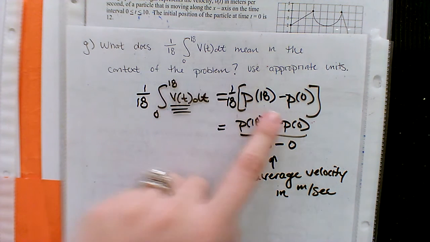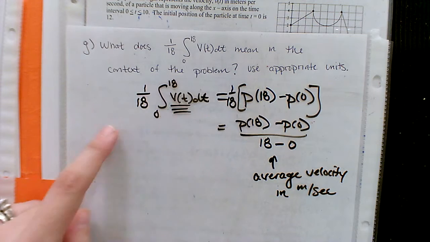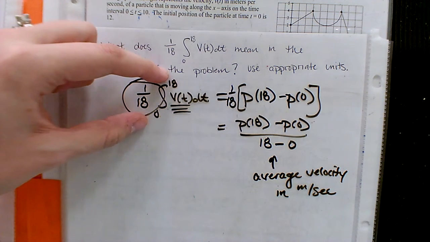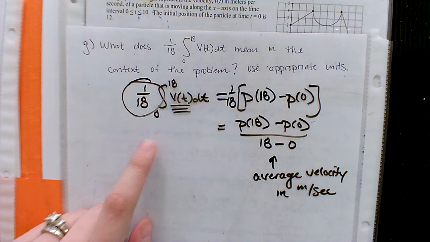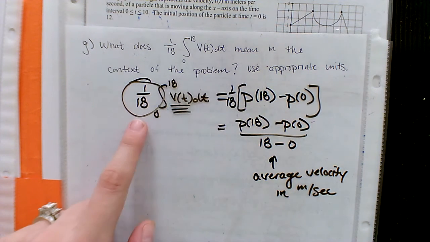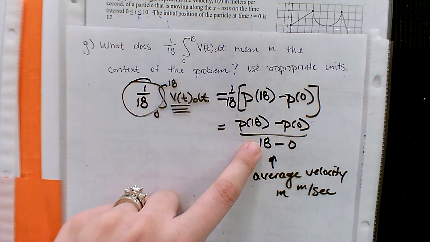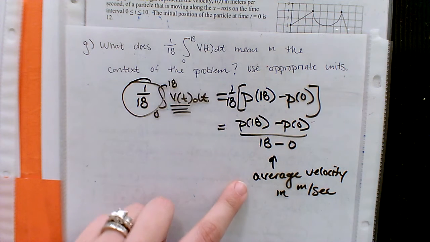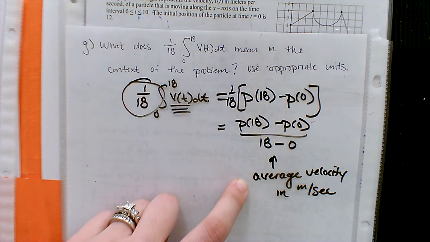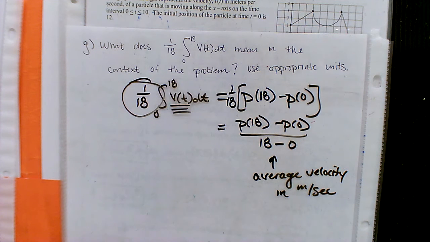Normally, we're used to getting position when we work back from velocity, but this number is special because you're dividing by whatever that time unit was. We're going to talk more about this in a future section. But if we work back from velocity, we get position, and we're dividing by some time unit. Position divided by time is another way to represent velocity. We'll talk more about that in the next section.